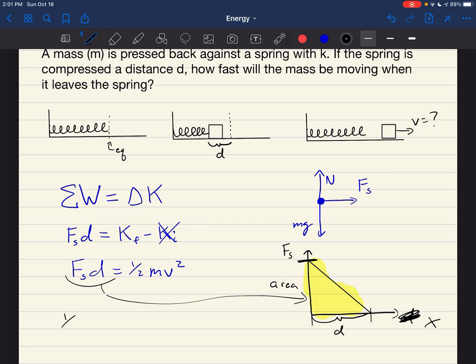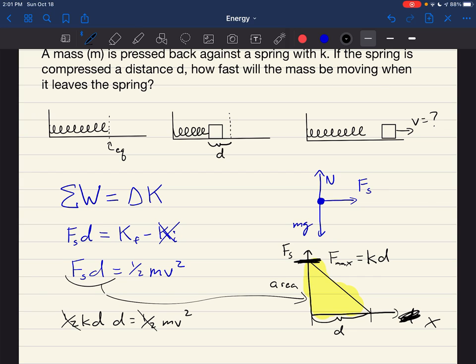And the maximum force that it starts with, at the top, is the maximum amount of spring force, the amount that it had right before we let it go. And that is equal to k times the initial displacement from the equilibrium position, which was d. So we could write this as 1/2 kd times d, and that would be equal to 1/2 mv squared.